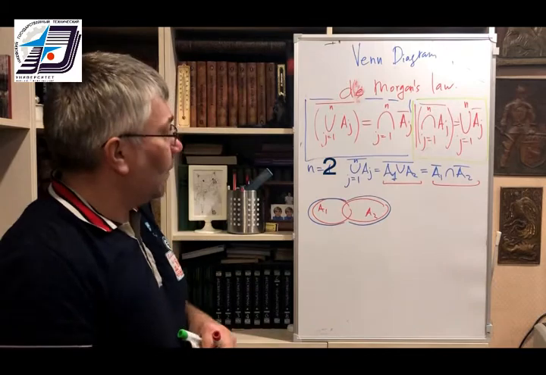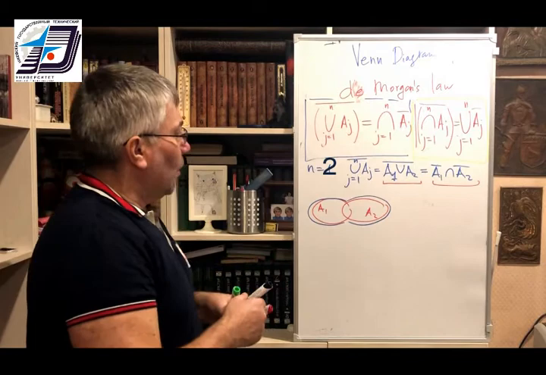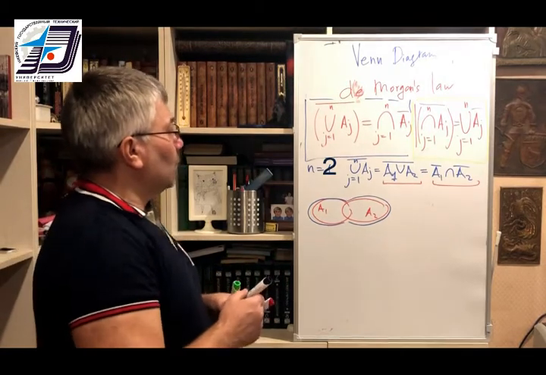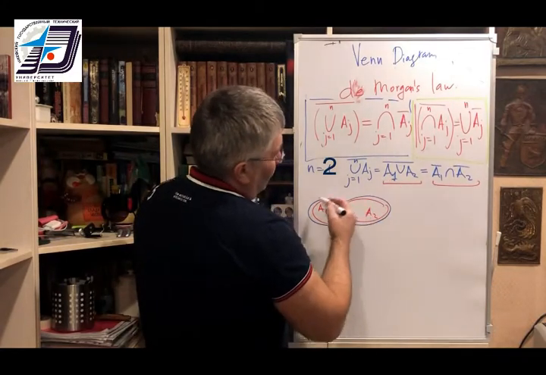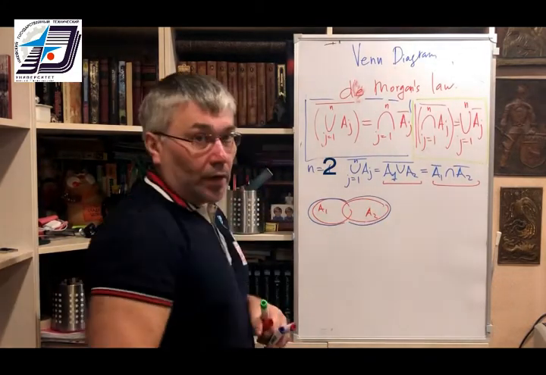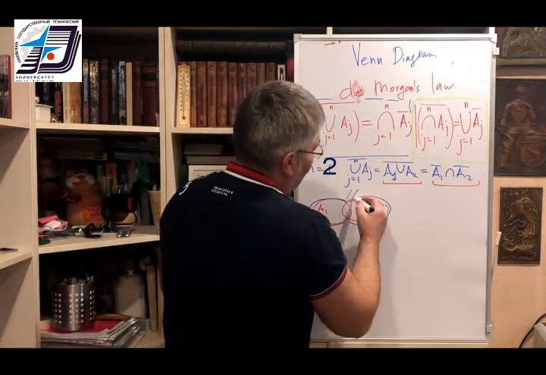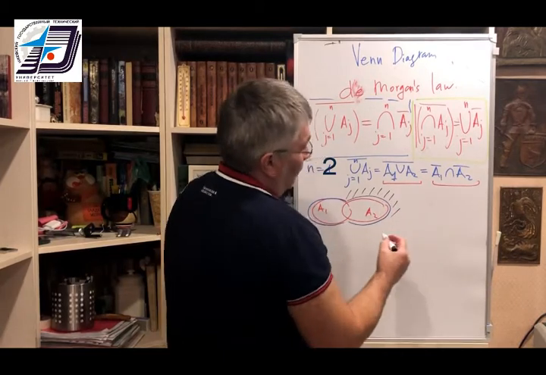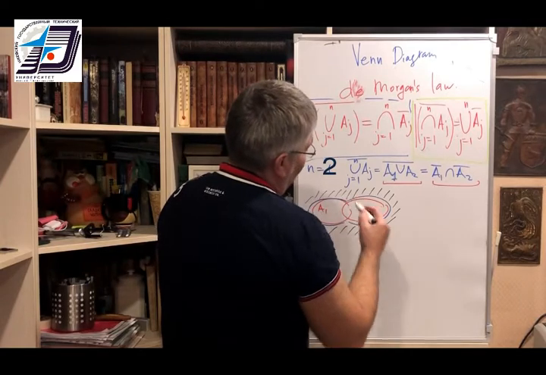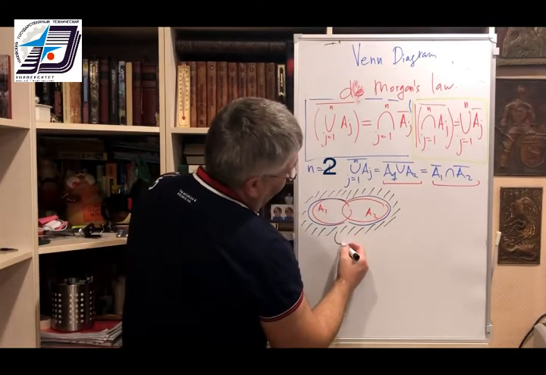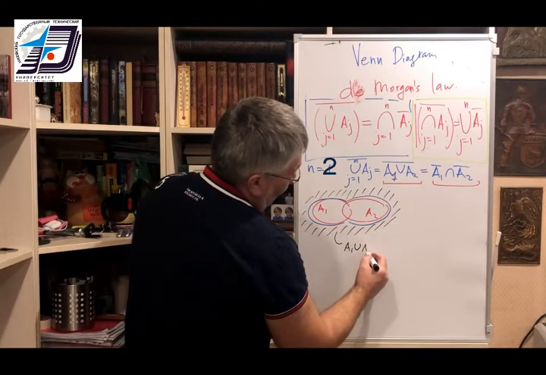But we have a negation of this operation, so we get this part. The negation of this blue shape is all the space beyond this blue space. I use a shaded area here. So this shaded area gives you the negation of A1 or A2.